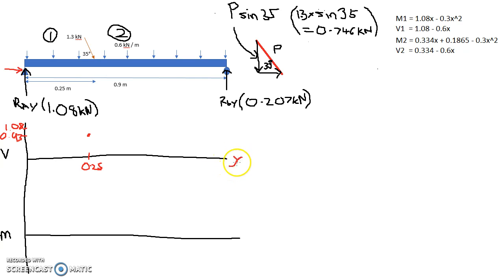So this will be x here in meters. This will also be x in meters. And we can label these with kilonewtons here and kilonewton meters here. Okay, I hope I've left myself enough room there.